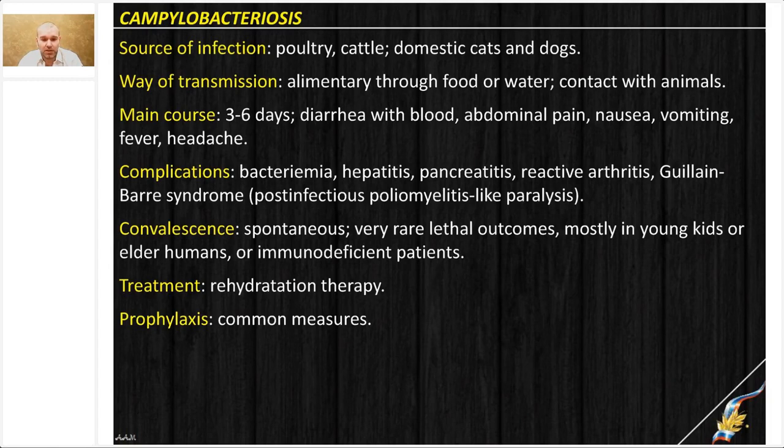By clinical presentation it manifests with different types of paralytic disorders, but complications are quite rare in the case of Campylobacter disease. So lethal outcomes are very rare and usually observed in young kids with unformed immunity or in elderly and immunodeficient patients with HIV infection or some other concomitant diseases with significantly suppressed immunity.